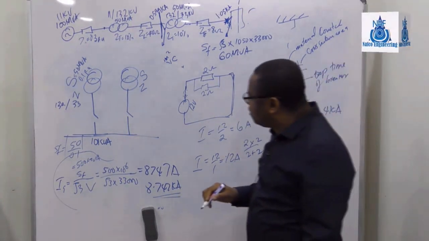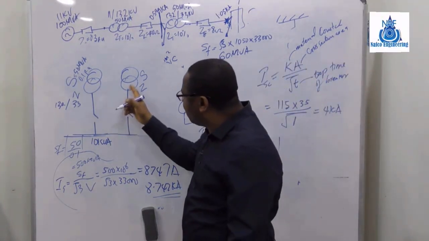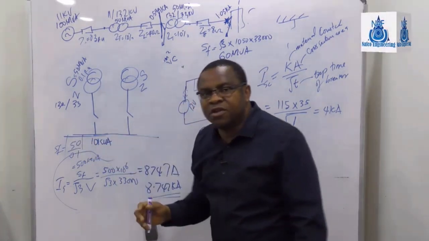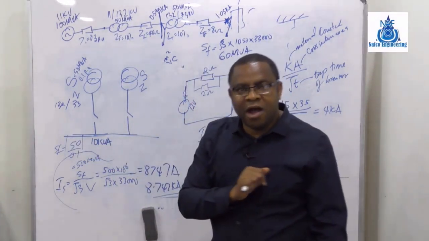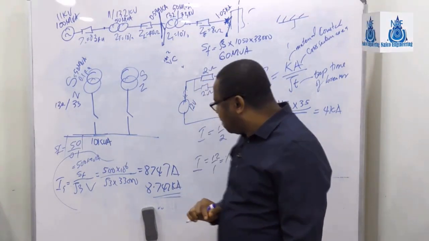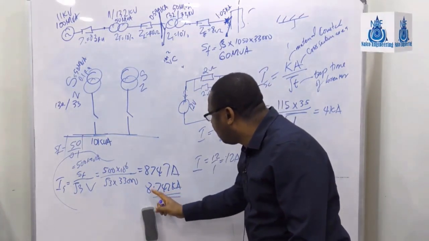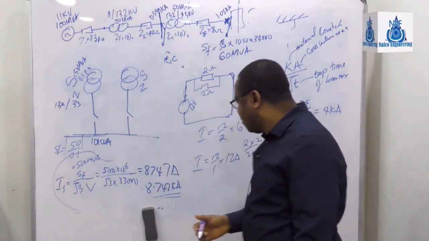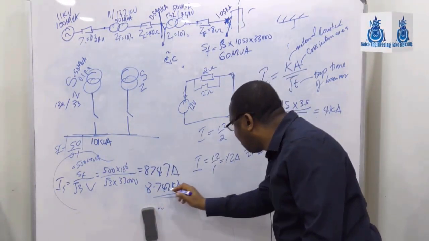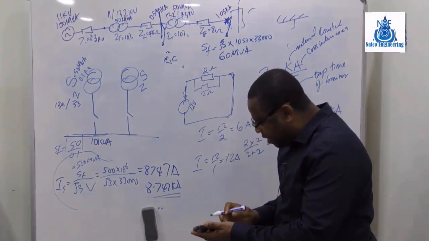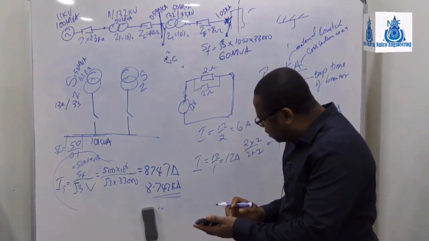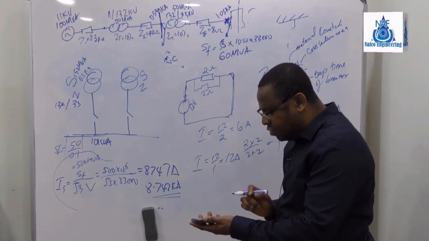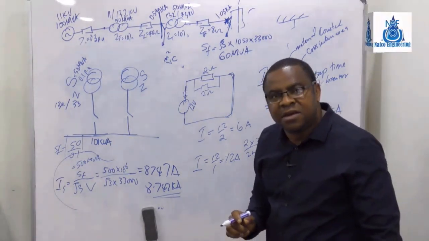So that means when you have transformers in parallel like this, the fault level at the board is going to double. Wow. So the fault current we calculated is going to be twice. All right. So now the new fault current will be 8.745 times 2, which is about 17.